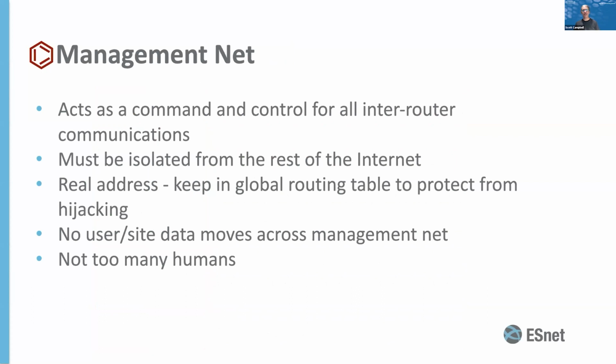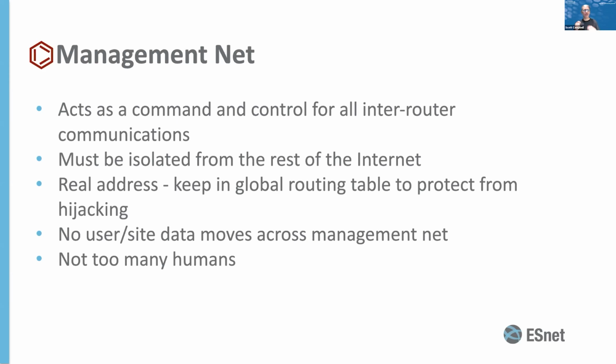So what the management net is, it's just a command and control for all inter-router communications. So it's where the routers talk amongst themselves. It's where we SSH into the routers. It's where all internal ESnet traffic happens. It's isolated from the rest of the internet because really there's no reason not to. We use real addresses for everything, so we don't do RFC 1918 or anything on it.